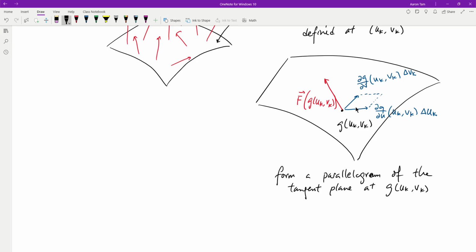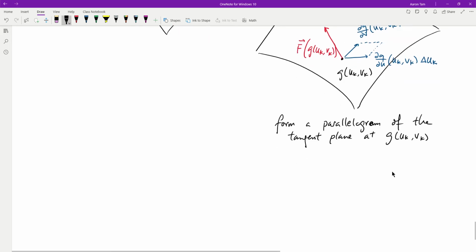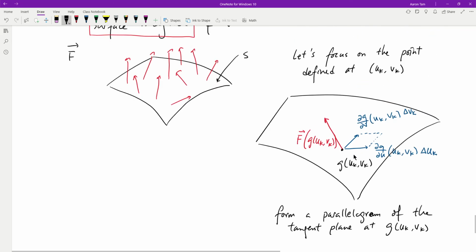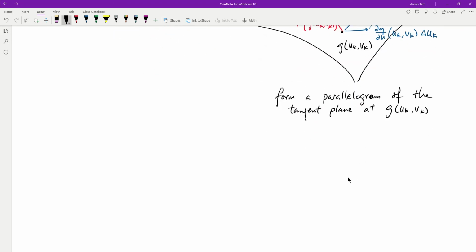So to do that, once again, let's try to figure out what we are actually looking at here. So we have this parallelogram. Remember, these two sides are formed by dg over du at u sub k, v sub k delta u sub k. And this one is dg over dv at u sub k, v sub k delta v sub k. So we form this nice little parallelogram.